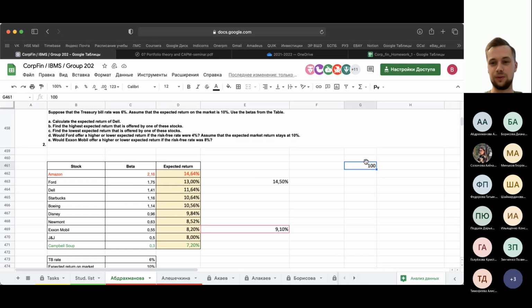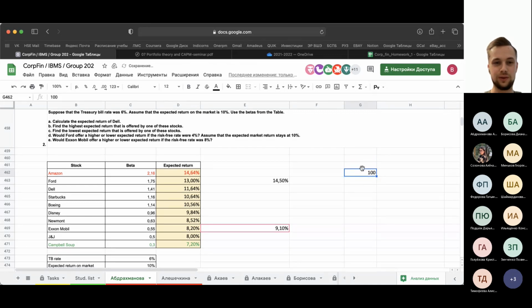We are saying that it will provide us with $100 every year in perpetuity with dividends. How much should the stocks of Ford cost today? We should divide 100 by expected return. Yeah. So the expected return is the discount rate in our formula.